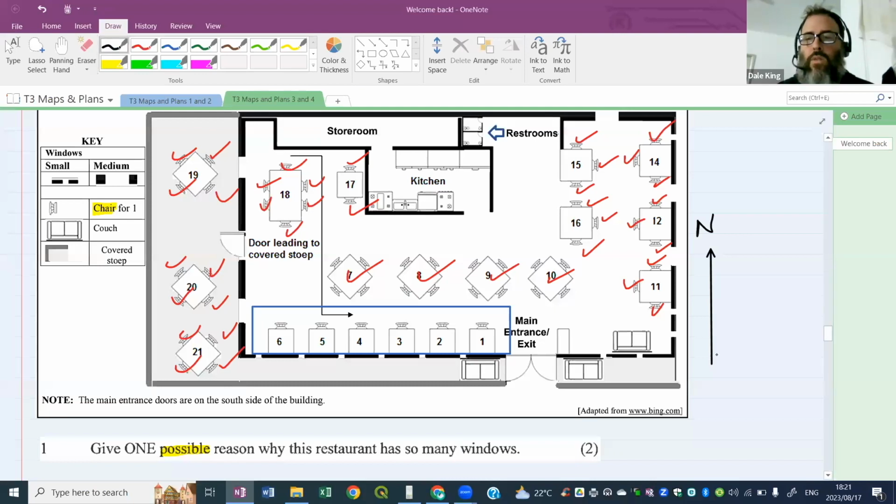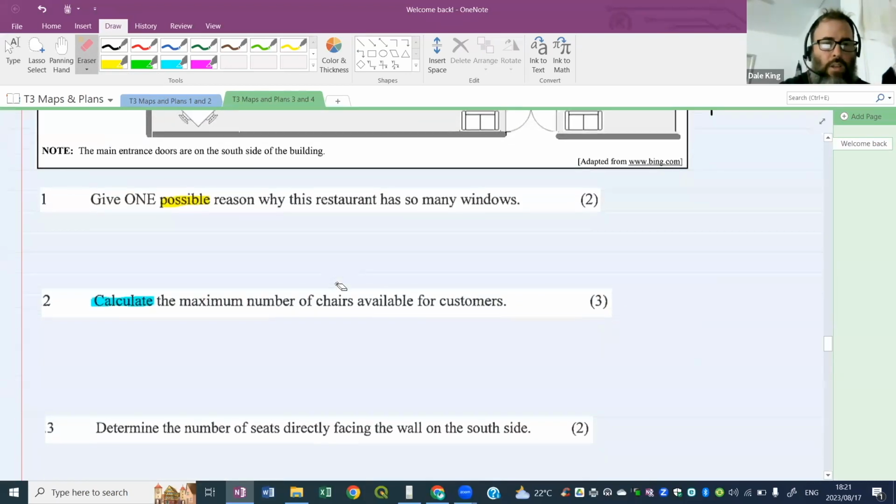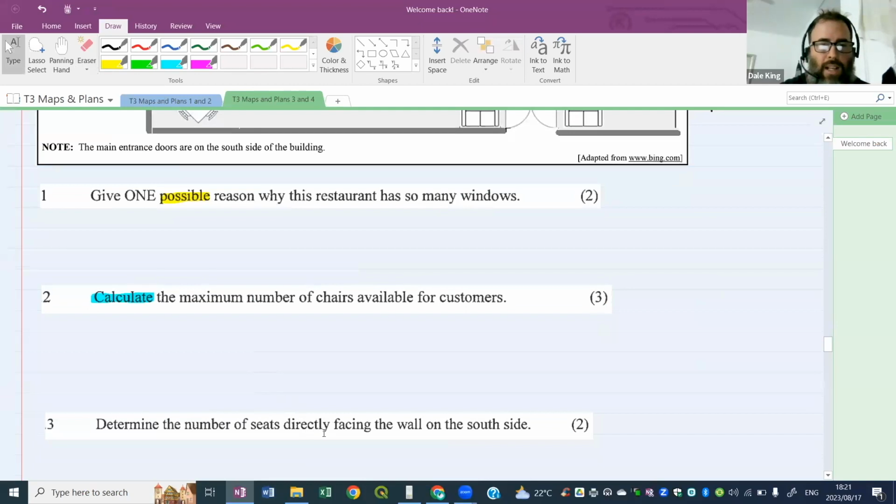Okay, so if we look at our arrow, I'm with you. Can I tell you what I think, sir? It says facing the wall from the south side. Let me go to the question again: determine the number of seats directly facing the wall on the south side.